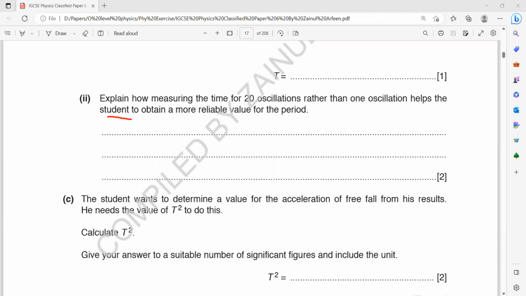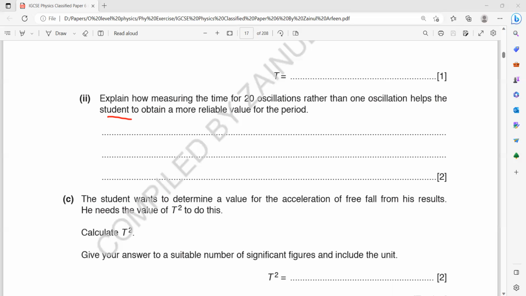We'll have an average result because we'll have more values. The total time divided by the number of oscillations is an average. The judgment or reaction time error is also minimized, because the error is spread over 20 swings. Otherwise, if only one swing is there, that one swing will have the whole error.